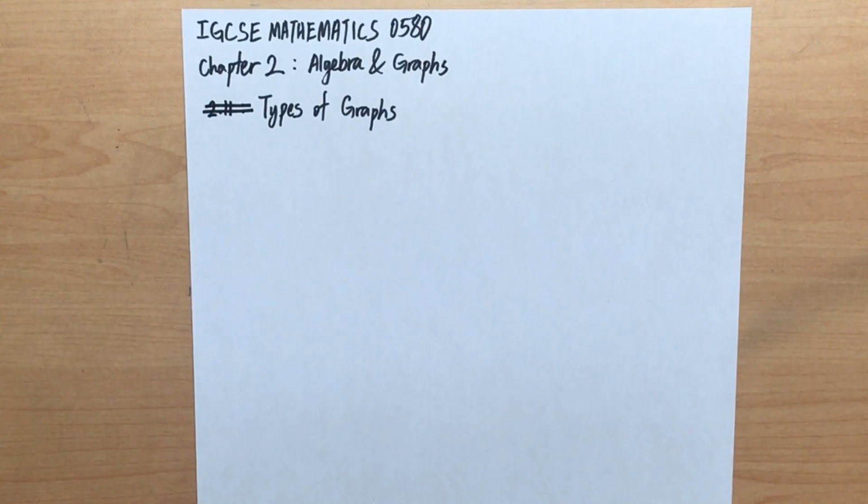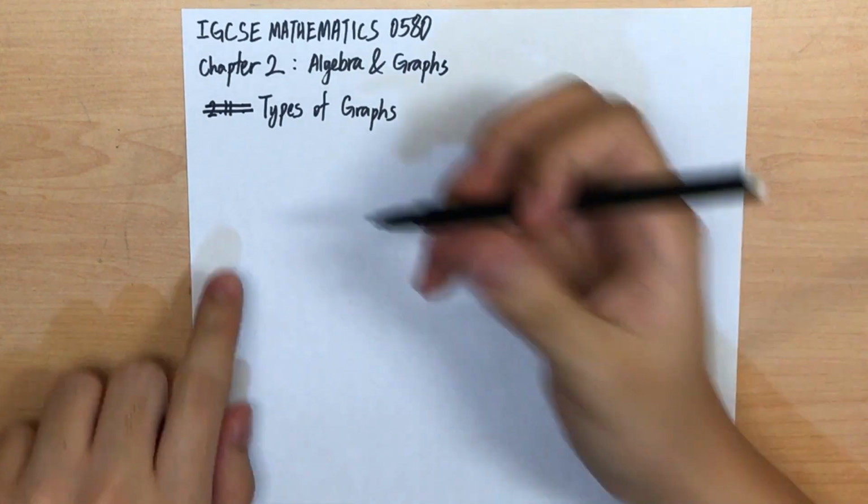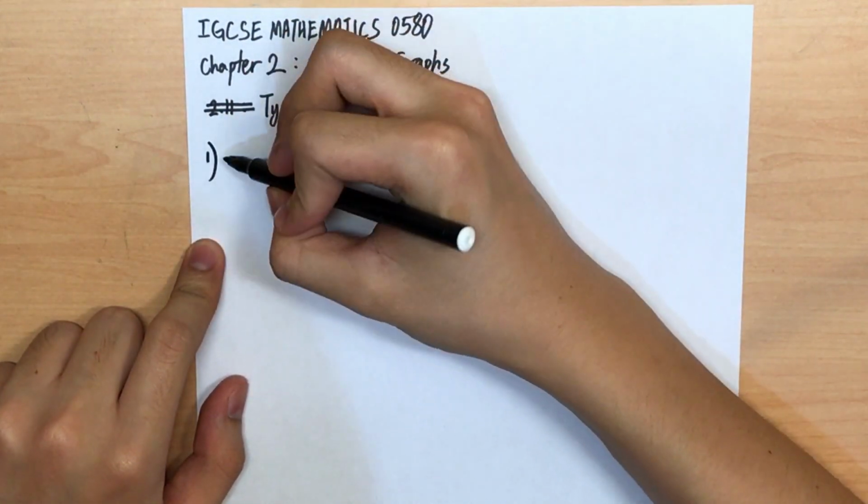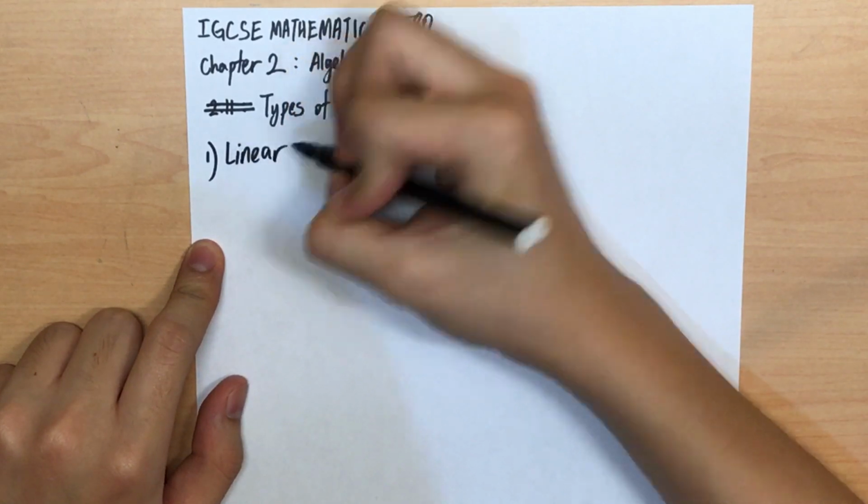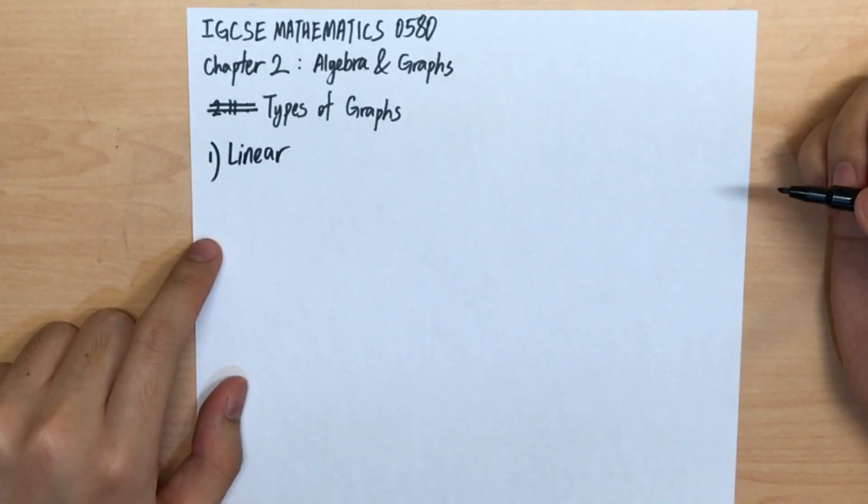Today we are going to discuss Chapter 2, Algebra and Graphs, and the topic of types of graphs. In IGCSE Mathematics, we will be studying 5 types of graphs. The first one is the linear graph.